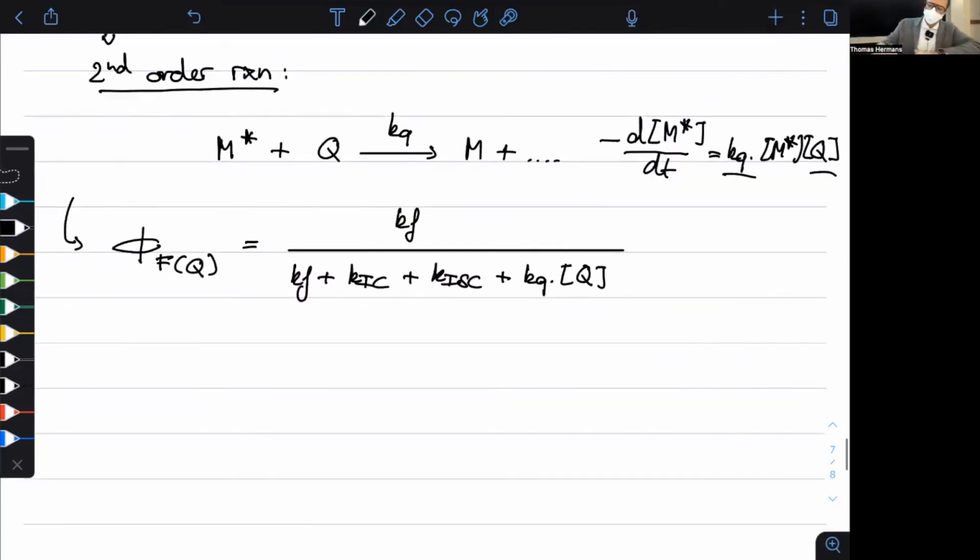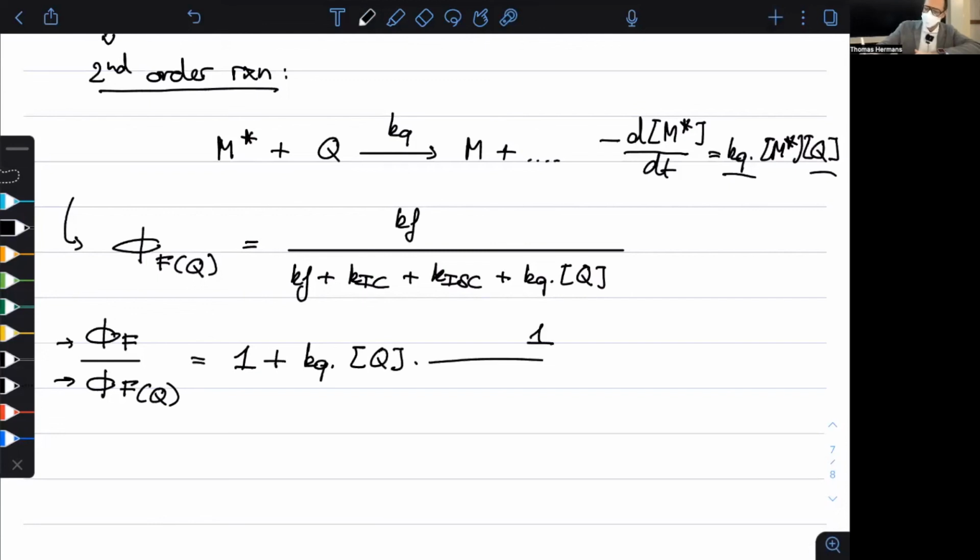And so there were two smart scientists, Stern and Volmer, that decided to do a whole bunch of measurements. And they basically said, well, we should look at the difference in quantum yield without quencher or with quencher. And basically, you can derive, I'm not going to do the whole derivation, that it's this plus kIC plus k intersystem crossing.